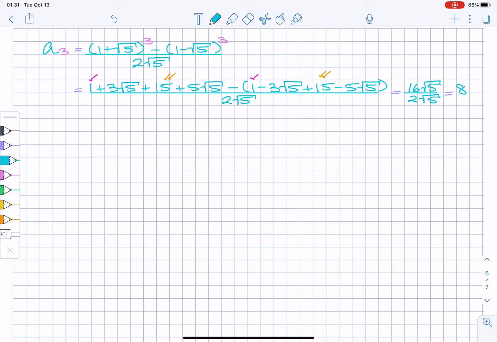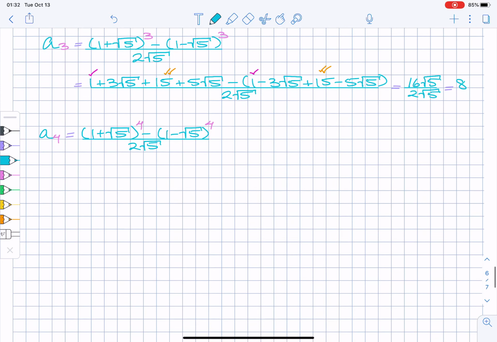I want to see what's going on here. A sub 4 is equal to 1 plus root 5 all to the 4th minus 1 minus root 5 all to the 4th, all over 2 root 5. Okay.